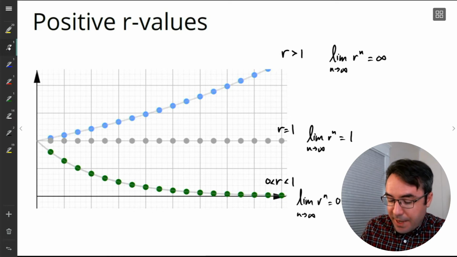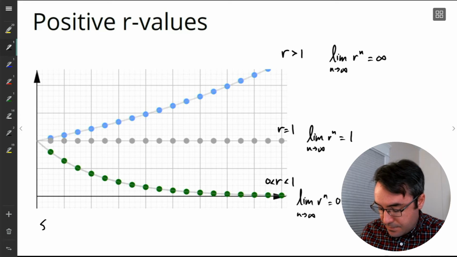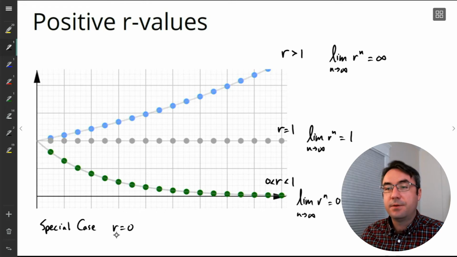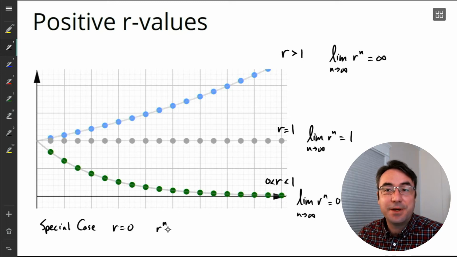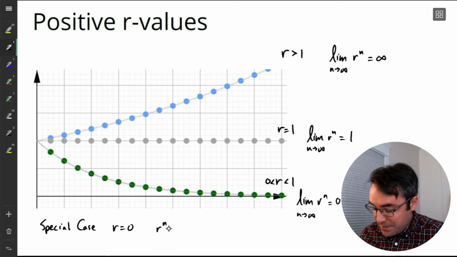And there's a special case worth mentioning: when r is equal to 0, then r raised to the power n, 0 raised to an exponent, is still 0. So this sequence is just the constant sequence 0.